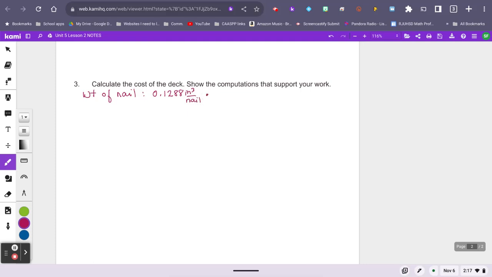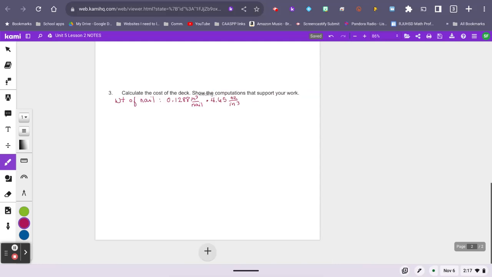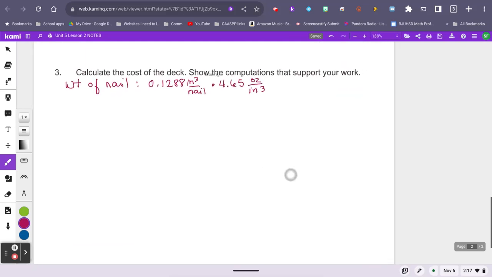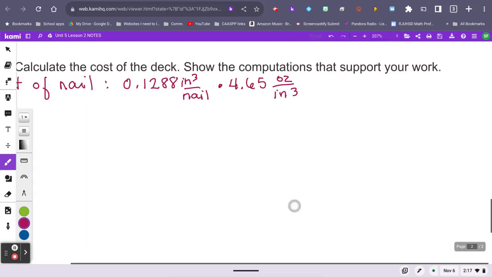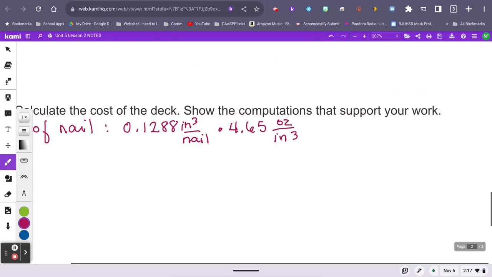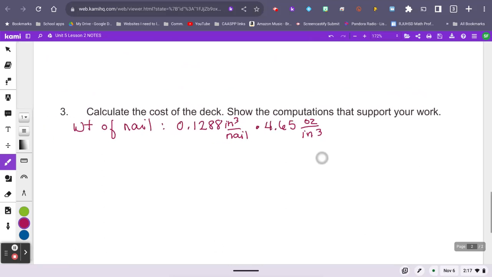We're going to multiply it by 4.65 ounces per inch cubed. The inches cubed basically cross each other out. We're going to get about 0.5989 ounces per nail.